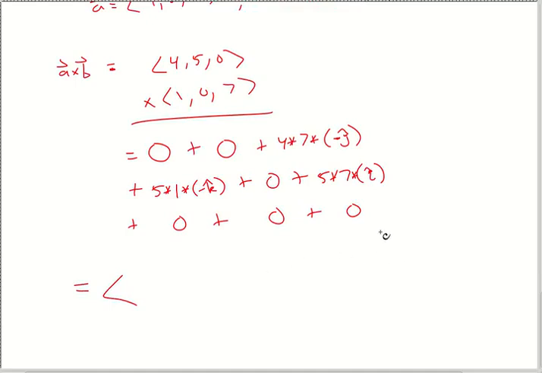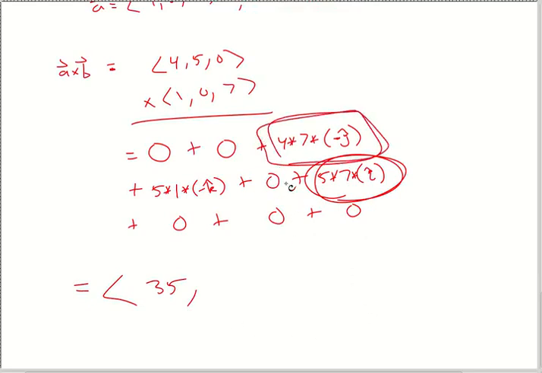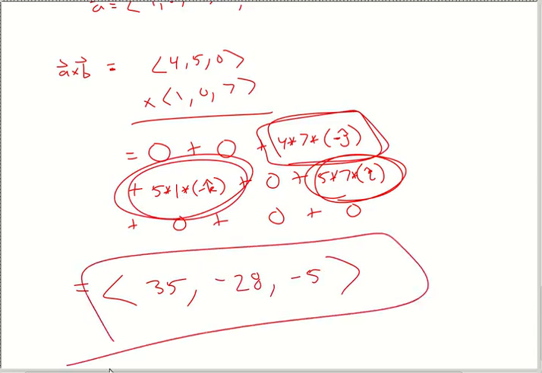So I want to know what all my i's are. 5 times 7 is 35. My j components, that's going to be a negative in the end, negative 28. And then our k's, that's going to be a negative 5. So there's your cross product. Pretty easy.